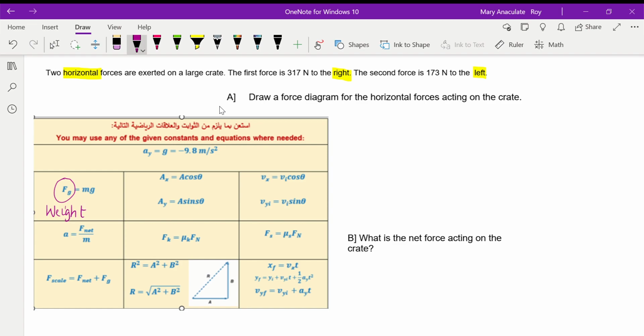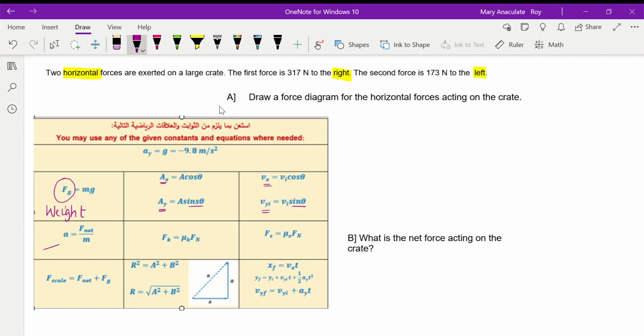And these two blocks you have here, this is AX, AY, this is VX, VY. That's your horizontal component in the X direction for both velocity and acceleration, and the vertical components are given in terms of sign. Alright, so you don't have to memorize all these formulas, but you should know when to use it.